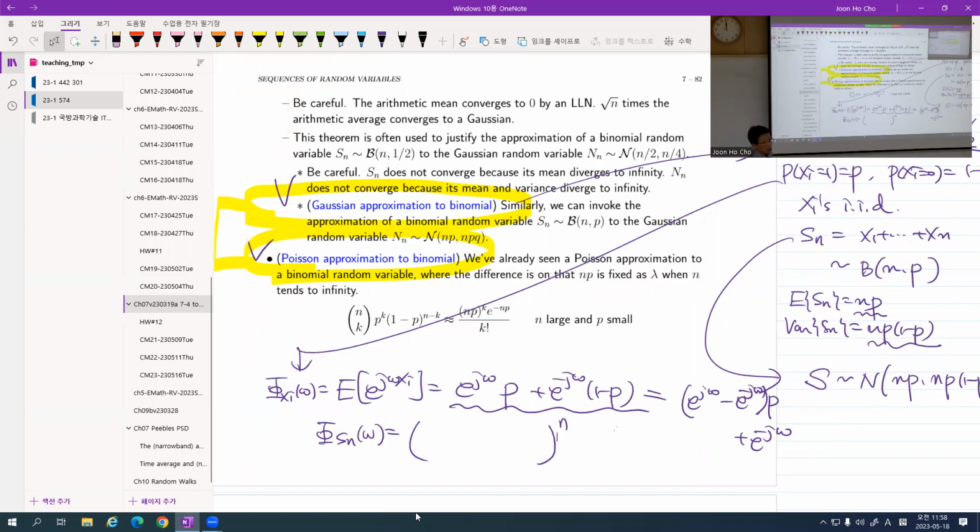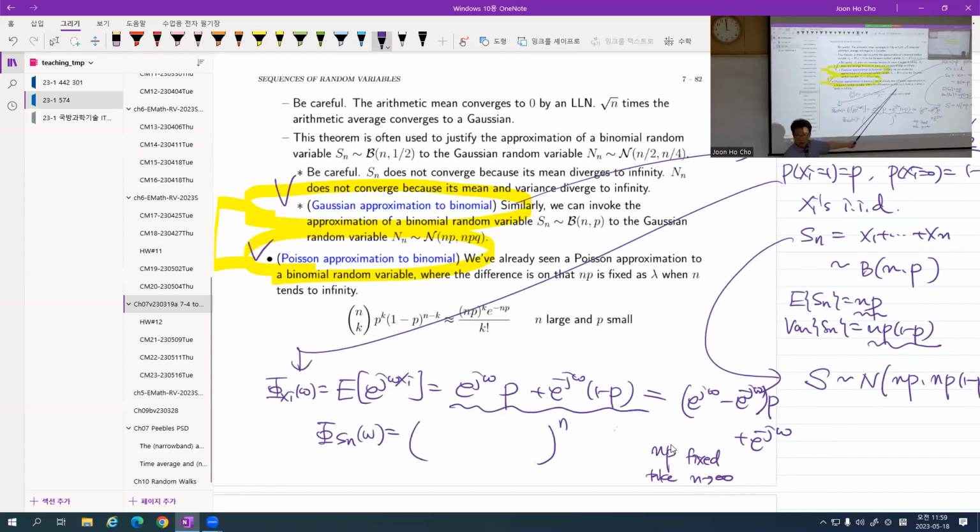If I remember correctly, you let n times p be fixed and let n tend to infinity, which means that your p is not fixed; your p reduces. Why do we do that? Because this Poisson approximation to binomial is applicable when p is very small.